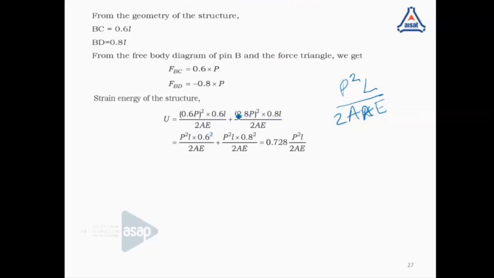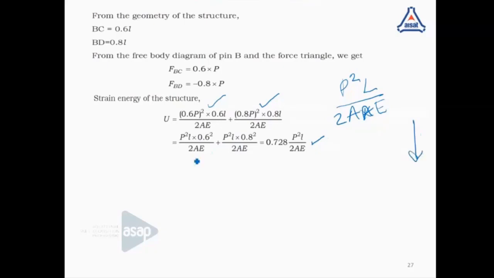This is the contribution from one part, and this is the contribution from the other part. We multiply and add these together to get the total strain energy of the two components of the system, which is subjected to a single force.